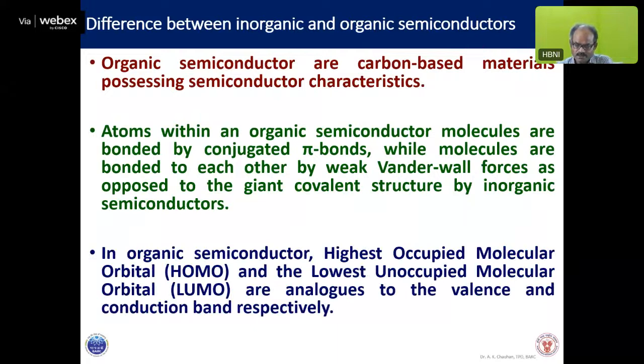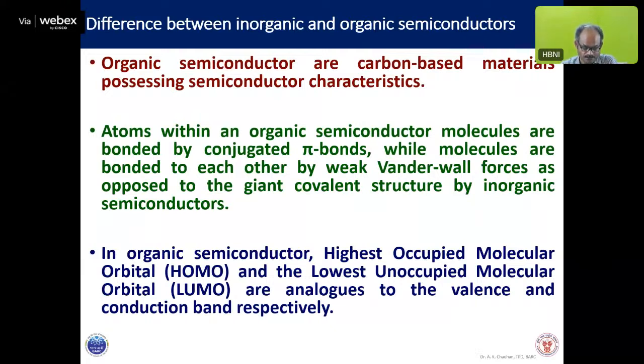However, in the case of inorganic semiconductors, you have a covalent structure throughout the entire crystal. In organic semiconductors, HOMO and LUMO are analogous to valence and conduction band respectively. However, they are actually not the same as the valence band and conduction band. This you must keep in mind.